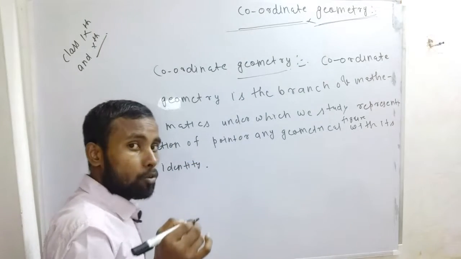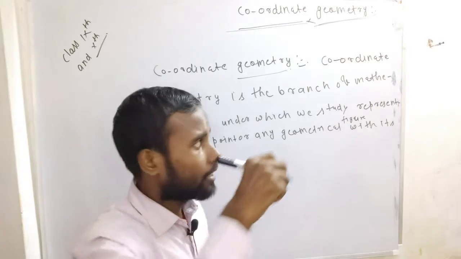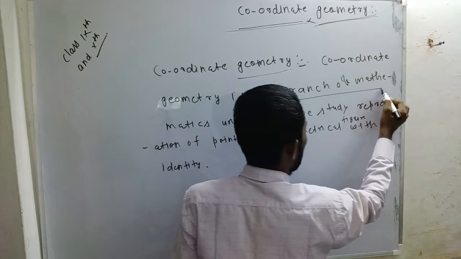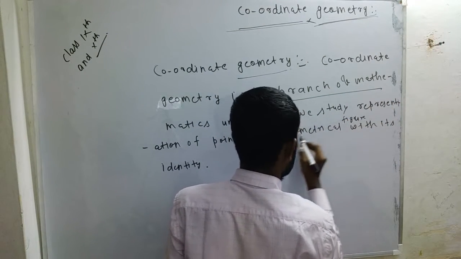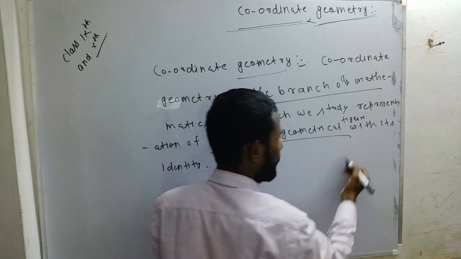That means coordinate geometry is the branch of mathematics under which we study a point or any geometrical figure.